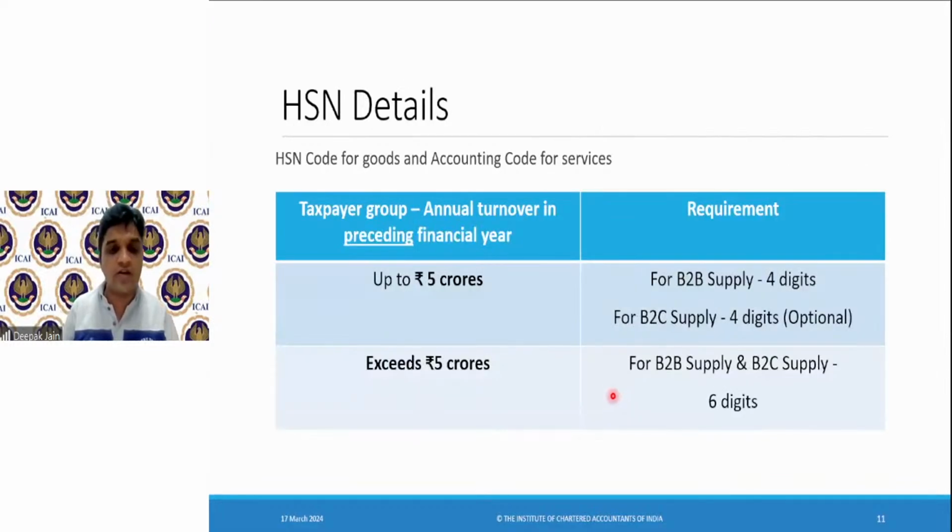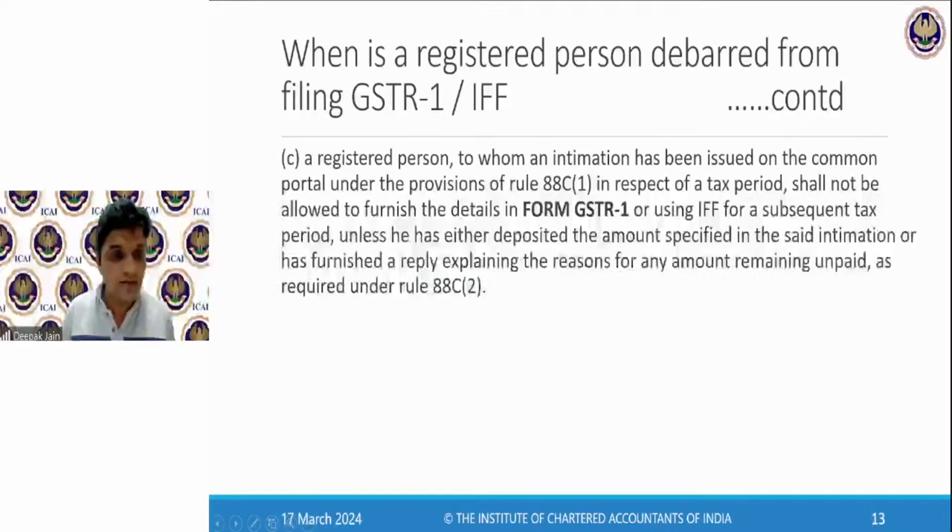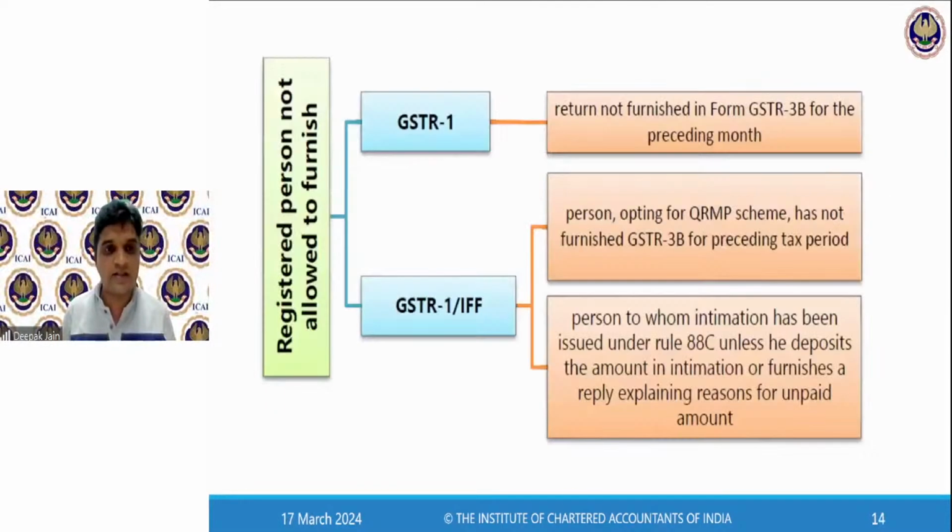We got this, we have completed this, and we have completed this as well. Which means what? What I have said, that who will not be allowed to furnish the returns: in case of GSTR-1, if the return is not furnished in GSTR-3B of the preceding month.